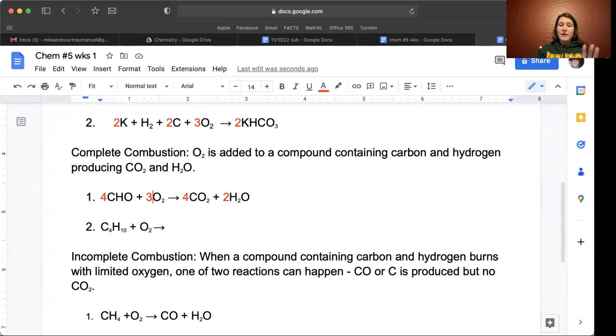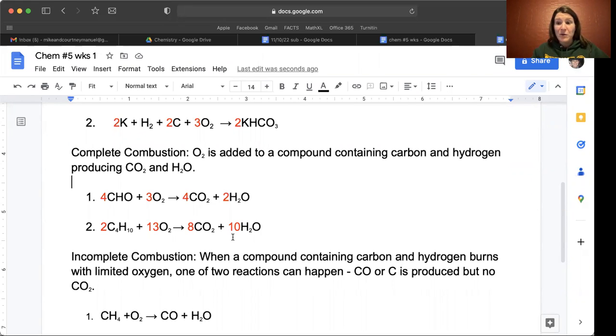Okay, knowing complete combustion, you are always going to make one, carbon dioxide, and the second thing is water. Try number 2. Just pause and see what you can do from that, and then come on back and see if you did it right. Okay, I'll just type the answer in and see if you got it right.